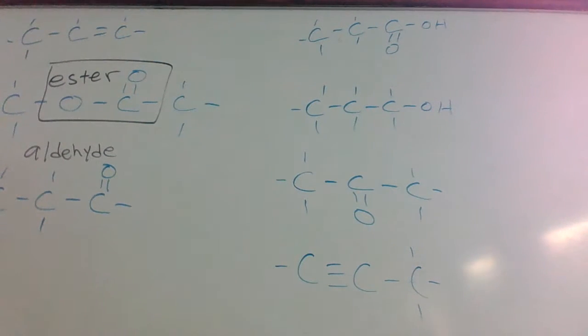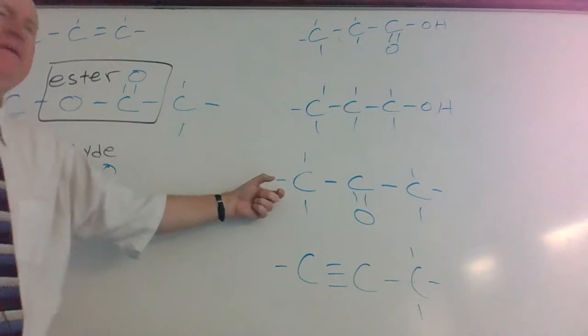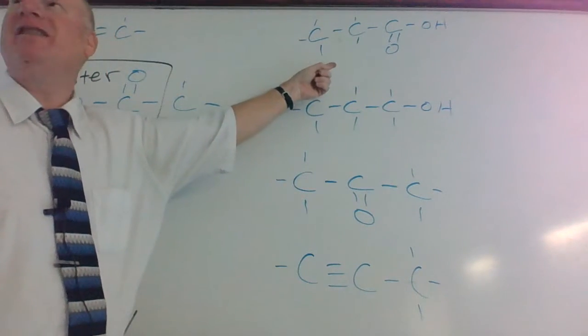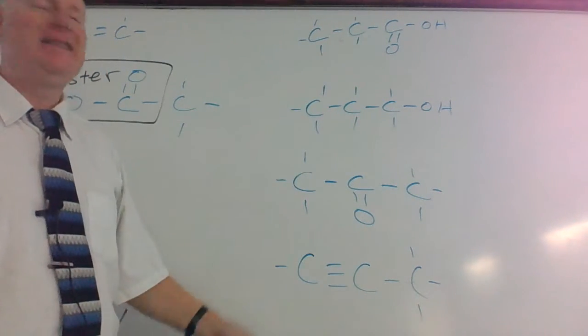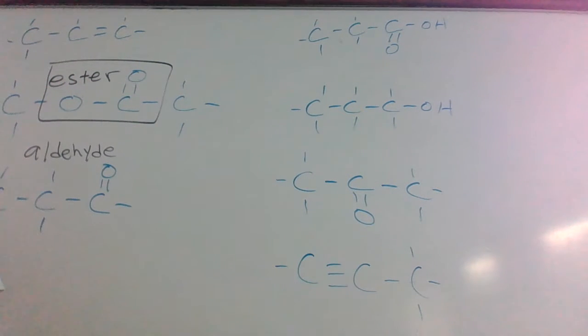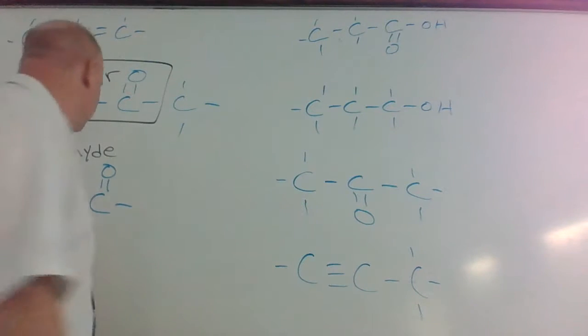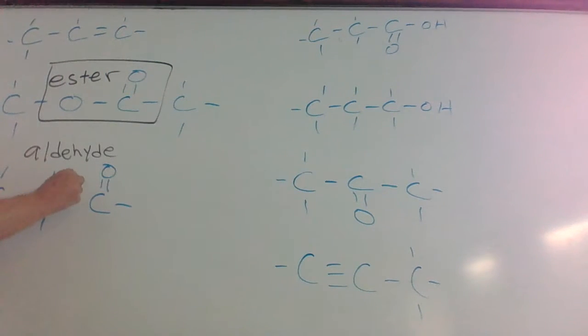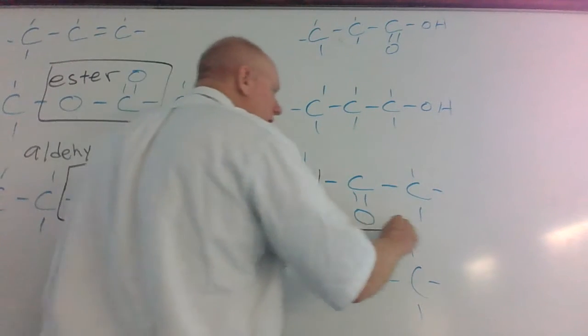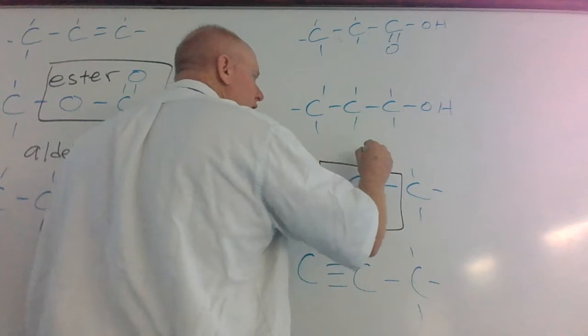Okay, Tom. See, I'm scrambling them up. You thought it was going to go up here, didn't you? Propanone, yes. So just like your aldehyde, I should probably put a box around that. So here's your ketone.